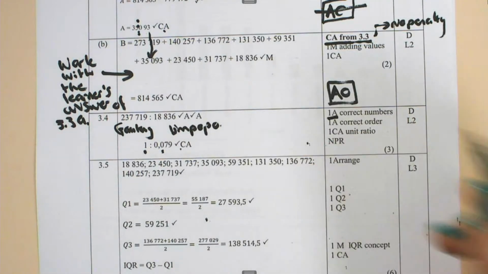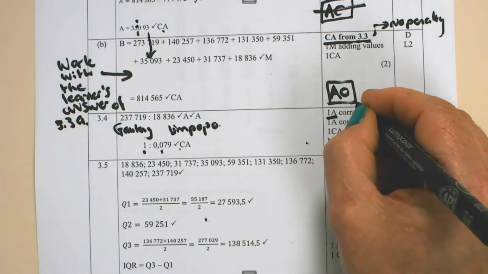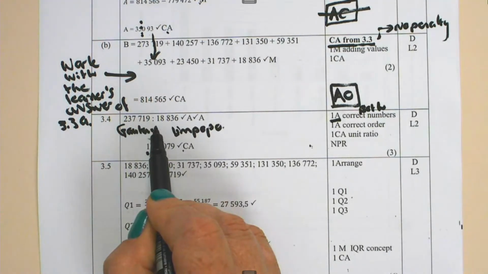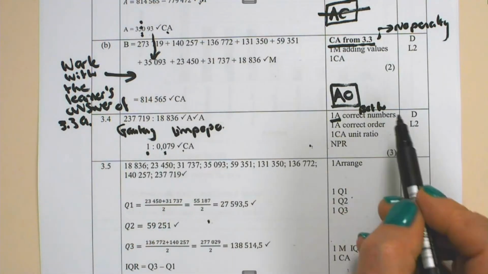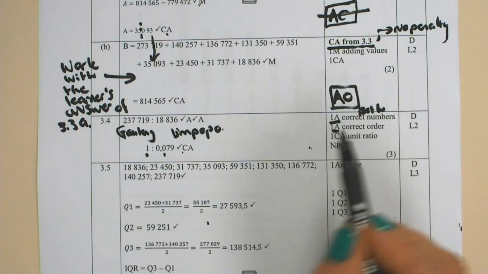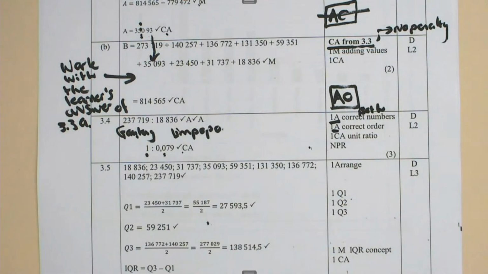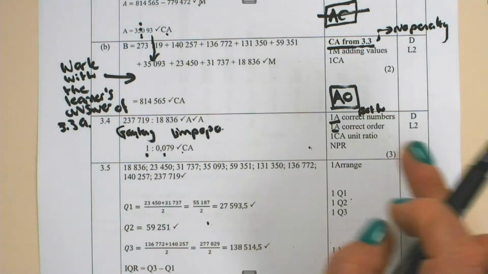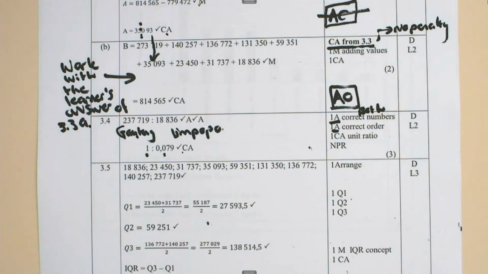If the learner used correct numbers, both, in other words, they use 237,719 and 18,836, then they can get 1 mark. It's actually more an RT mark than an A mark, but it's fine. If the order is correct, they say Gauteng to Limpopo, Gauteng first, Limpopo second, then it is 1 mark.